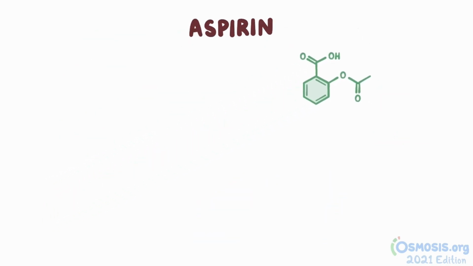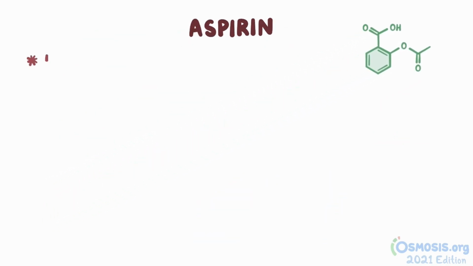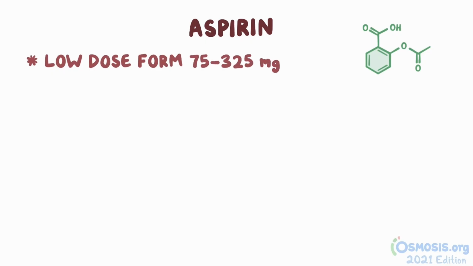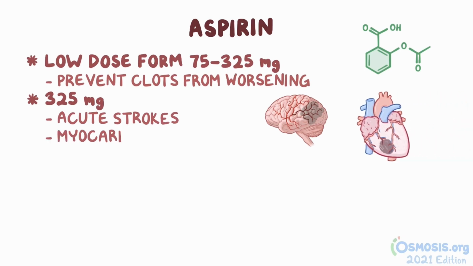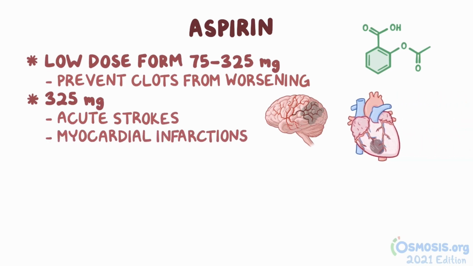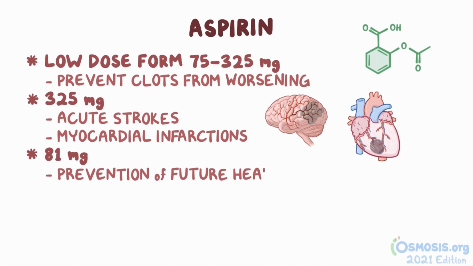Aspirin, as an antiplatelet medication, gets used in a low-dose form of 75 to 325 milligrams in several clinical situations to prevent clots from worsening. 325 milligram aspirin tablets are used for the treatment of acute strokes and myocardial infarctions, or heart attacks. Low doses of aspirin in the form of 81 milligram tablets also get used for the prophylaxis or prevention of future heart attacks in high-risk individuals.